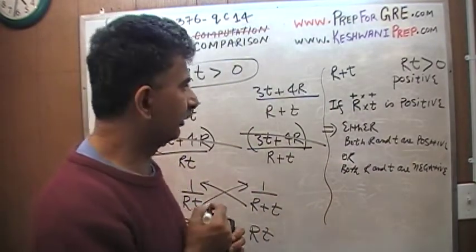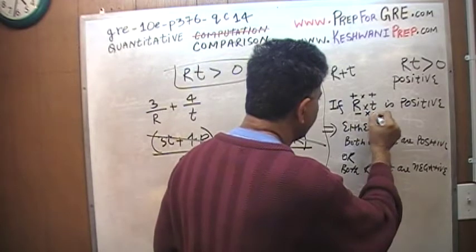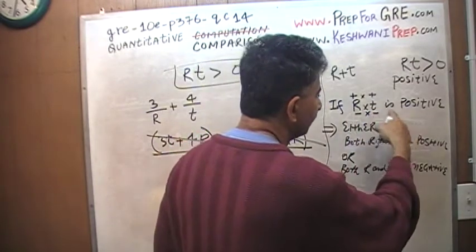Those are the two possibilities, because a negative times a negative is positive, you see?